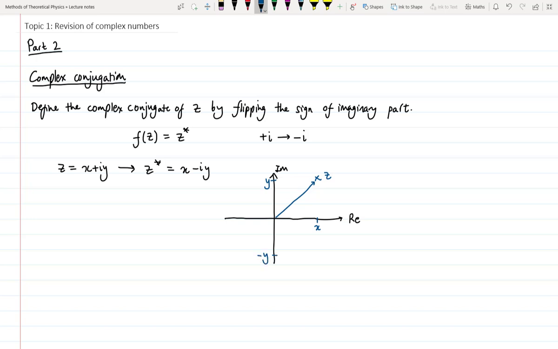So we're now down here at minus y. And the resulting complex number, z star, is described by this vector. From this, it's easy to see that complex conjugation is given by a reflection in the real axis.